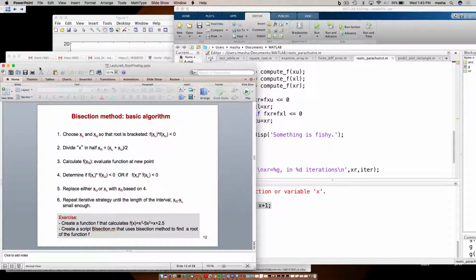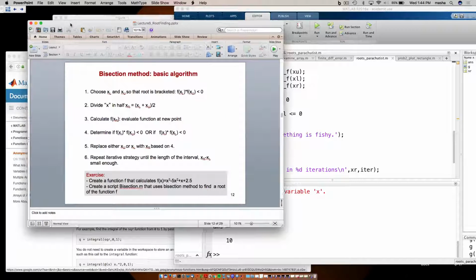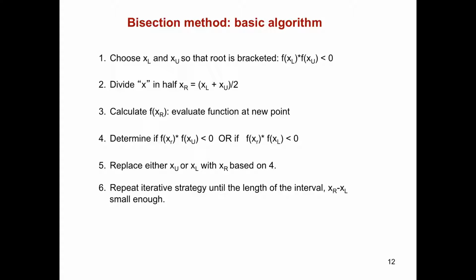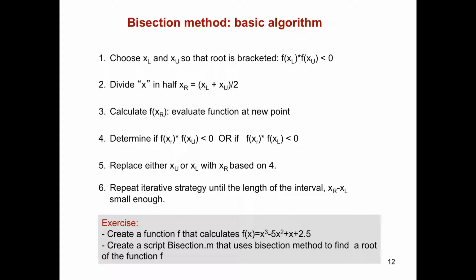So all I'm changing is function f. So using the code you have, you can create that as a script or as another function. You will have to plot this function first to see what to start with, your xl and xu, and then the rest should be very similar to what you just had done.